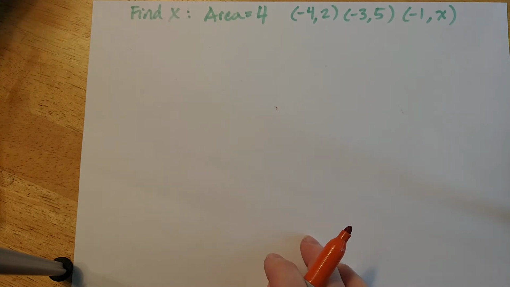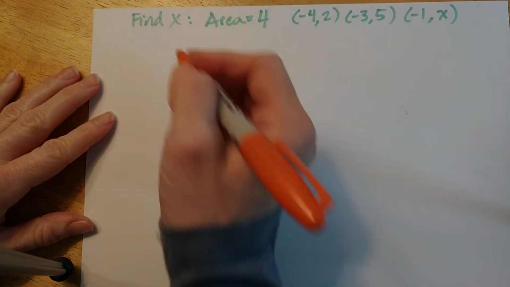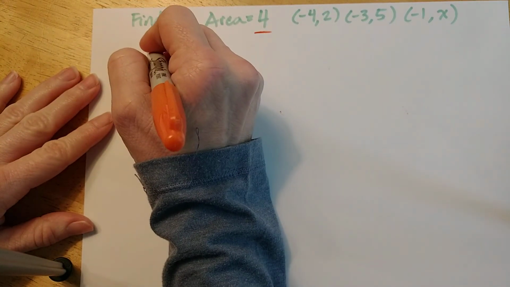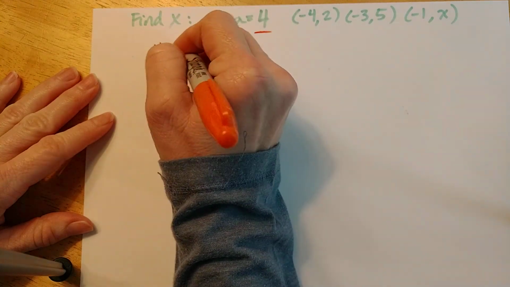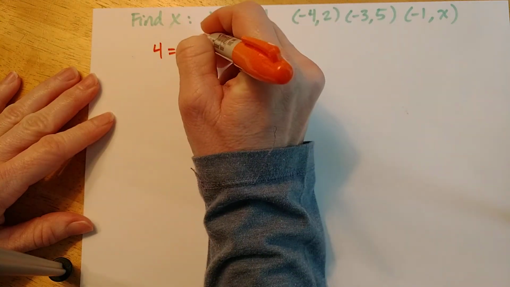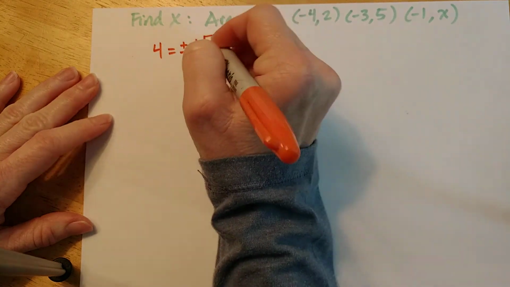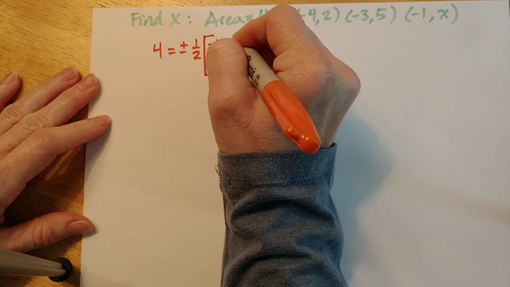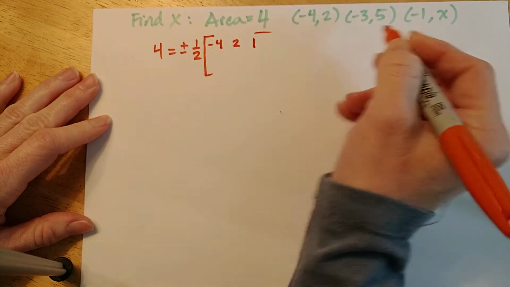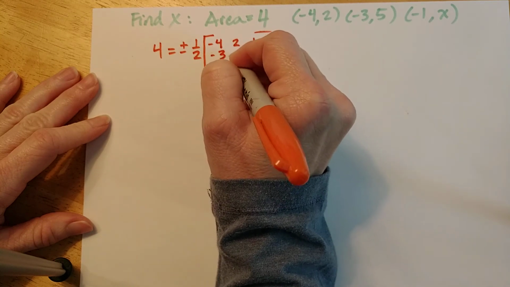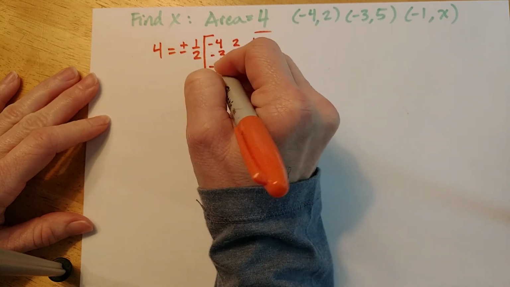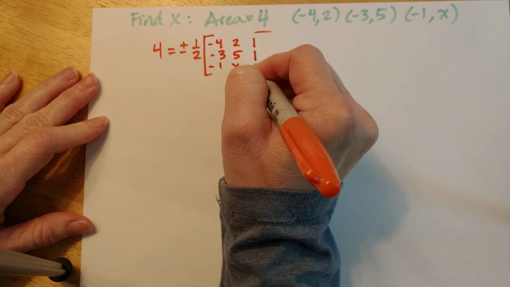So let's do that. Okay, so my area is 4. So 4 equals plus or minus 1/2 of all these guys here: -4, 2, 1, -3, 5, 1, -1, x, 1.